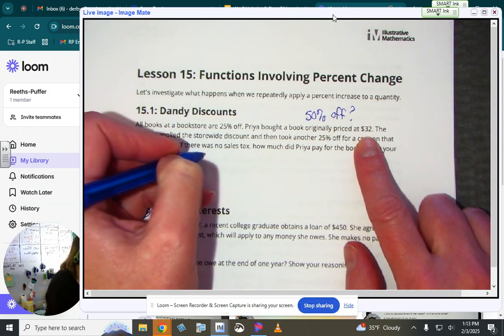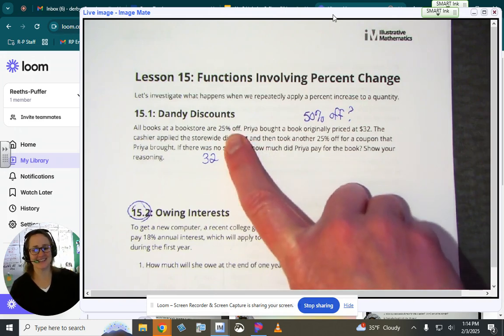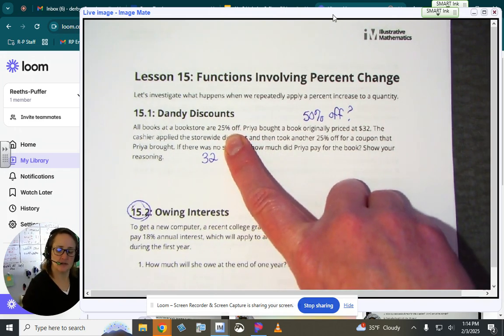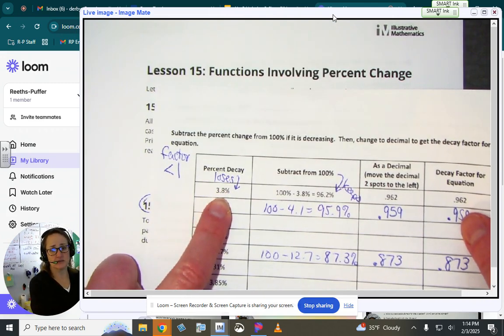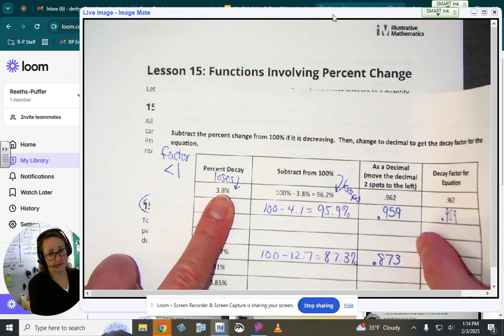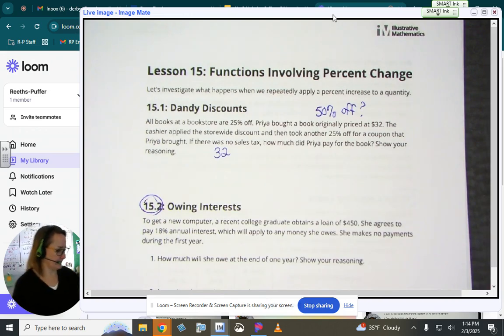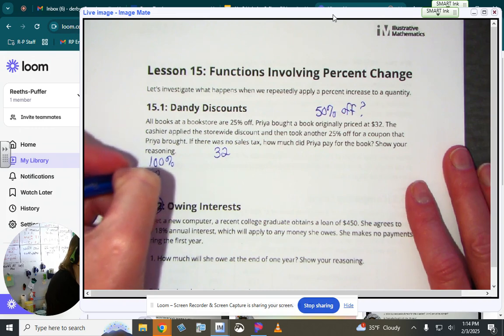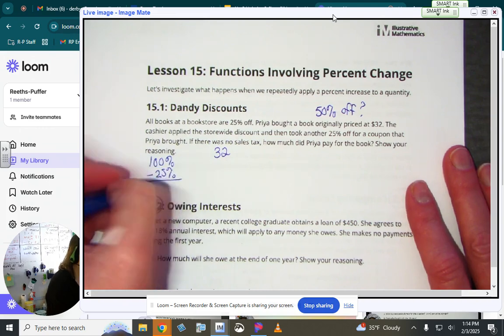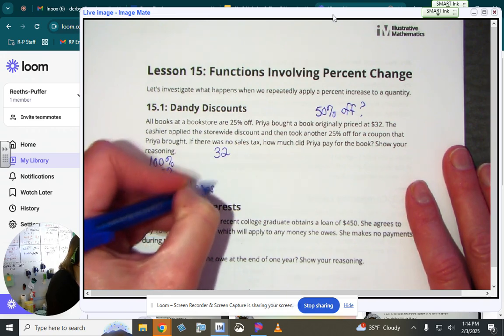If we start with $32, and remember, this is the discount price, so this is how much it loses. If it loses 25% of its value, we're going to do 100 minus 25. This is our discount. 75% is how much of its value it keeps.